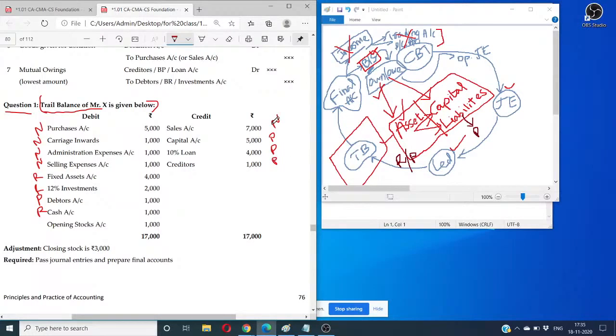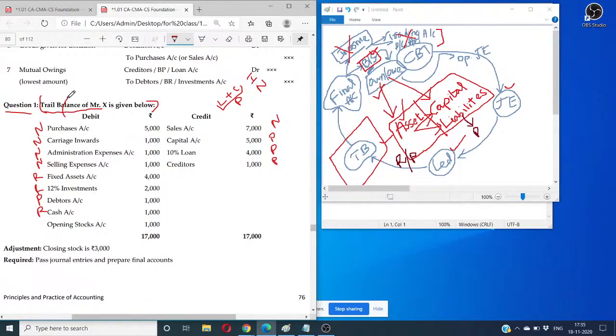Most probably in the credit side, you have liabilities and capital. These two are most probably personal account, and then you have income. Income is a nominal.